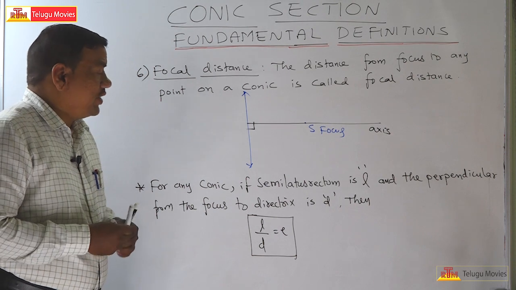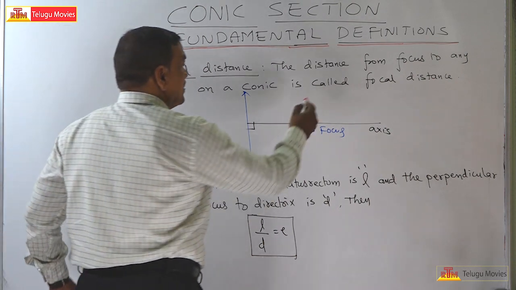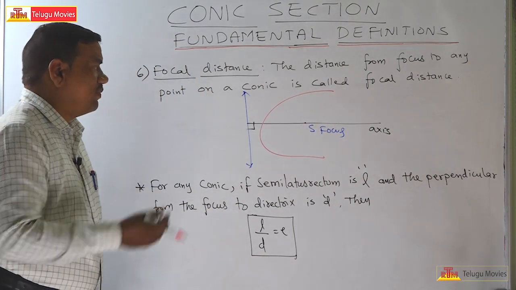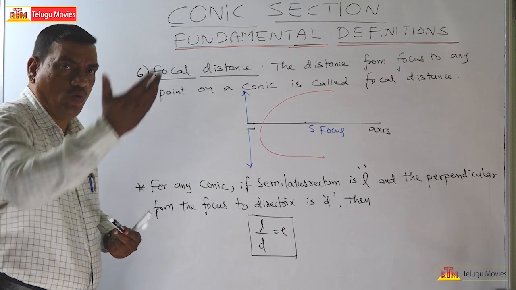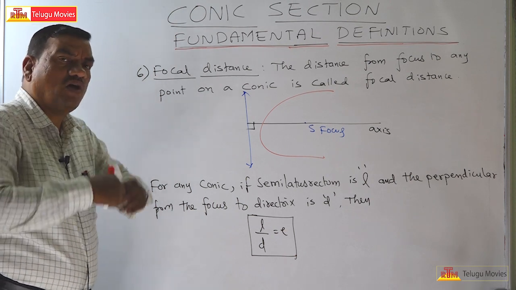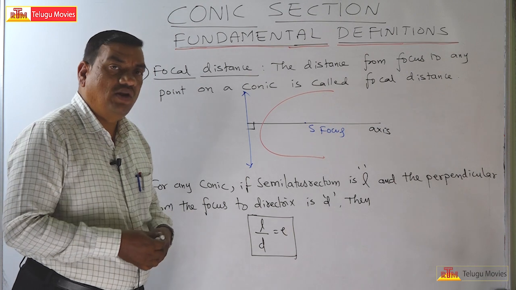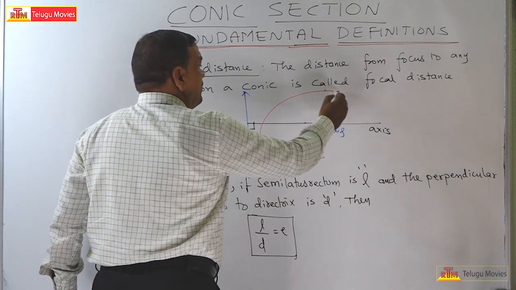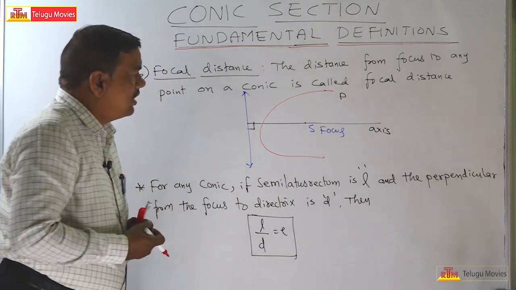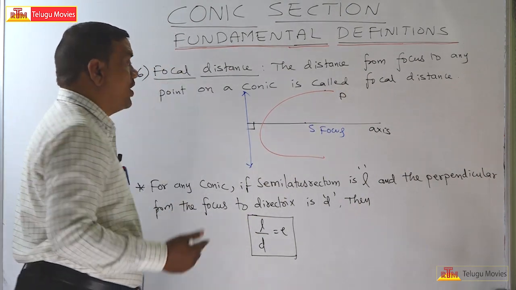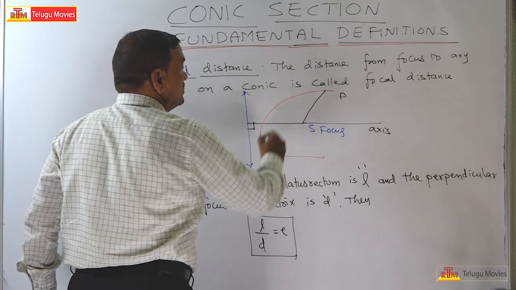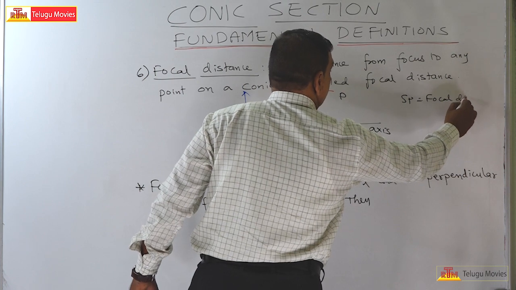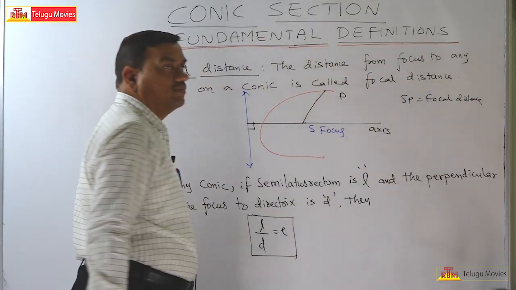Let us take any conic. This may be a parabola, maybe an ellipse, whatever it may be. Conic means a curve, so on the curve there are an infinite number of points. Let us take any point P. The distance from the focus to that point, SP, is called the focal distance, wherever the point may be.